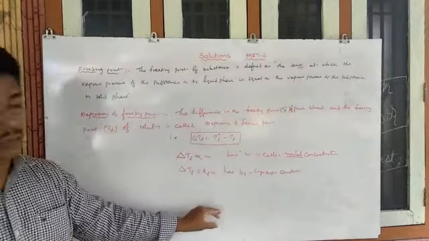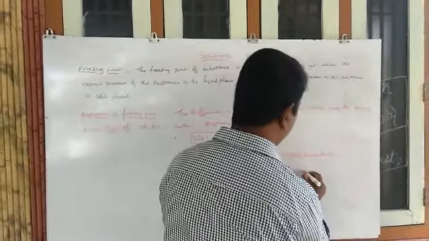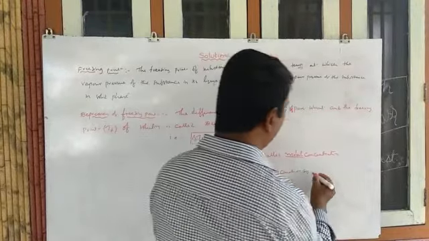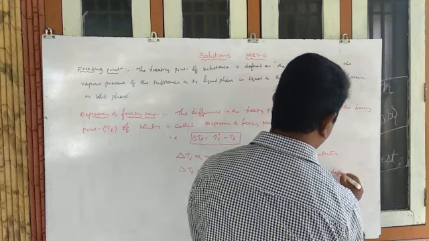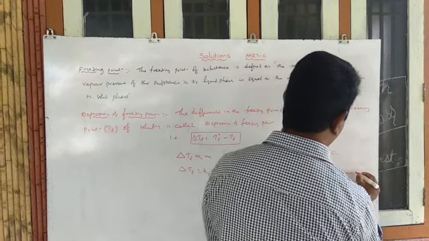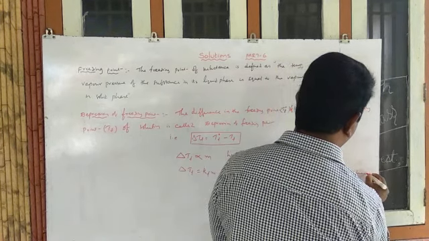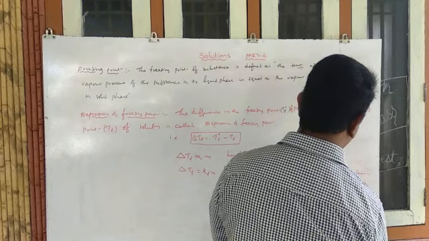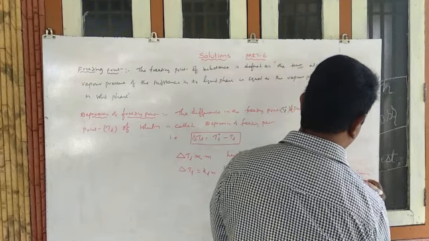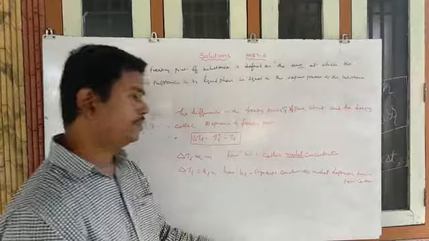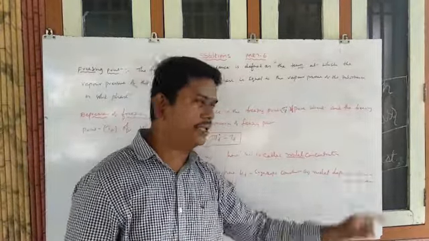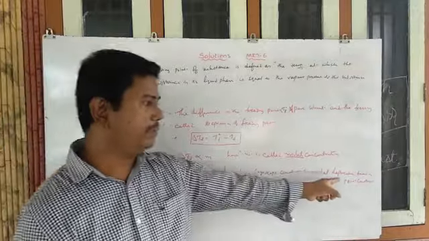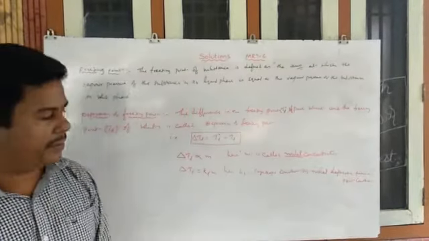Cryoscopic constant, or else molal depression freezing point constant, or molal depression constant, whatever way, no problem at all.